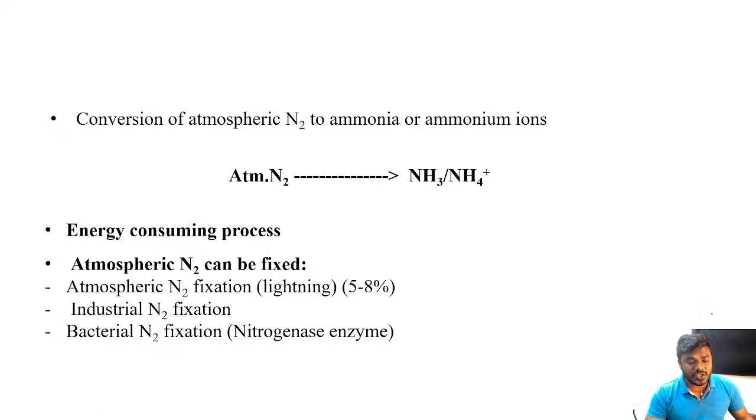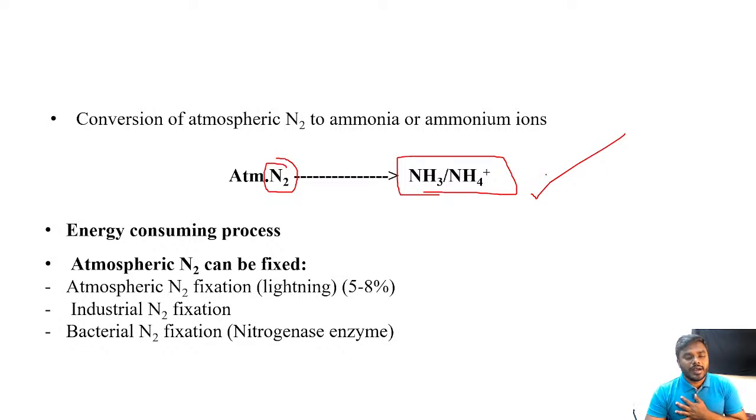Nitrogen fixation. Listen to me for 15 minutes. Conversion of atmospheric nitrogen to NH3 or NH4 is exactly what we call nitrogen fixation. Friends, you all know one point very commonly: we can fix nitrogen in different ways.